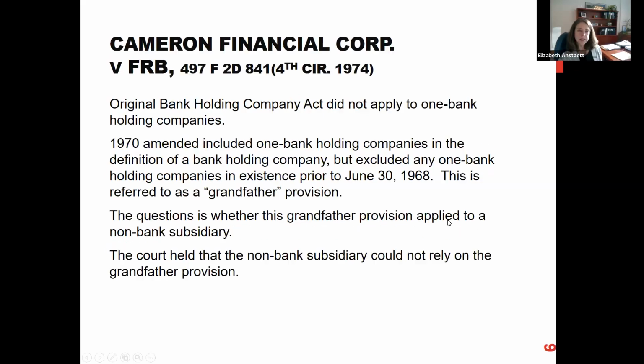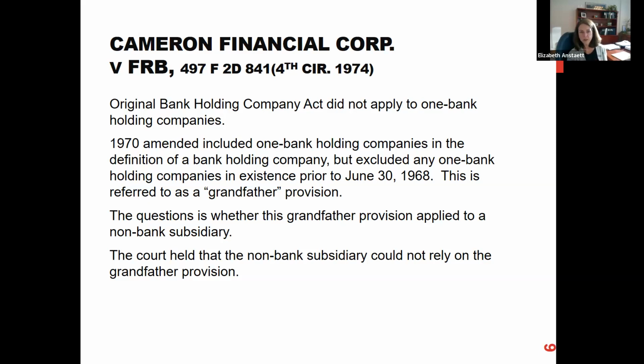We did read a case about the Bank Holding Company Act and some challenges to it, because one of the things about the bank holding company is that it only applies to certain institutions. There are certain exemptions. And originally, one of the exemptions was a one bank holding company.